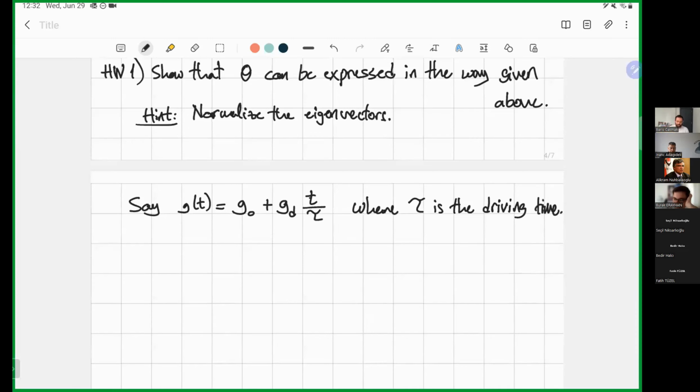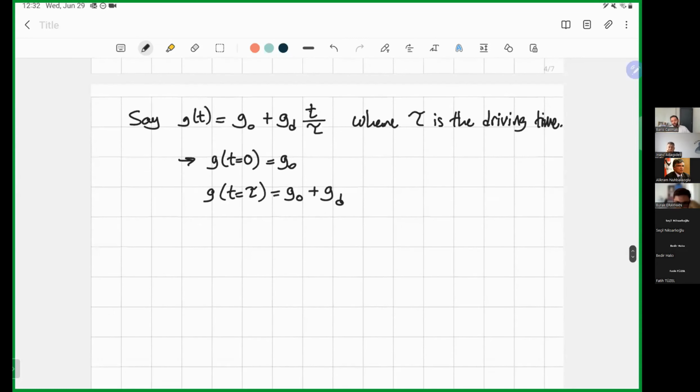So this means that we are changing g from g0 to g0 plus g_d. You can see it from here: at t equals 0, g is g0, and at t equals τ it is simply g0 plus g_d.